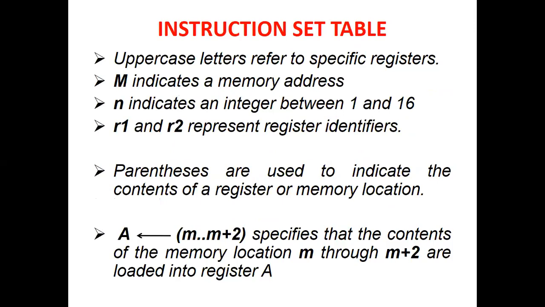A small n indicates any integer between 1 and 16. R1 and R2 are registers. When we put things into brackets, that means the contents.